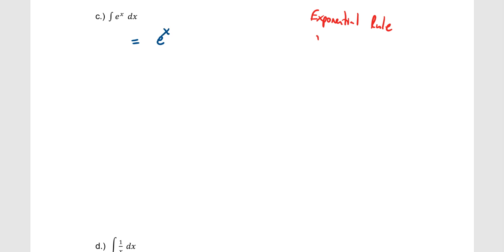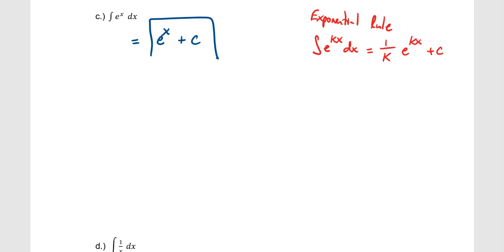I'm just going to write the rule here. The integral of e to the kx dx equals 1 over k e to the kx plus c. Our k value here is 1, so we don't need to write that. So our answer is just e to the x plus c, which we know is true. The integral of e to the x is e to the x because the derivative of e to the x is e to the x.